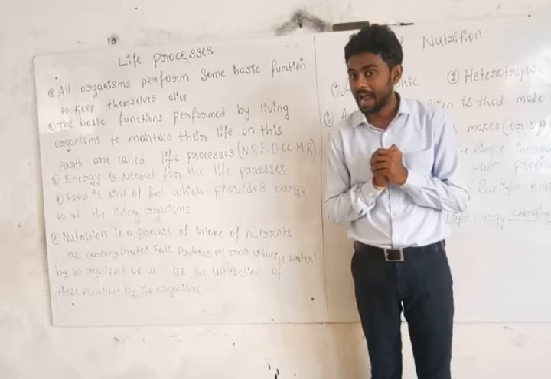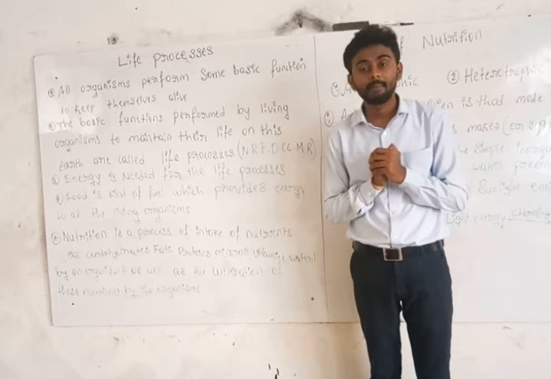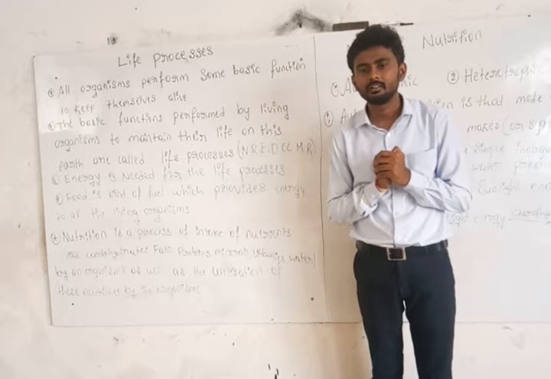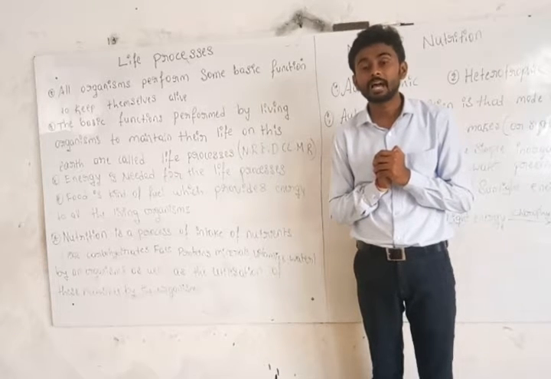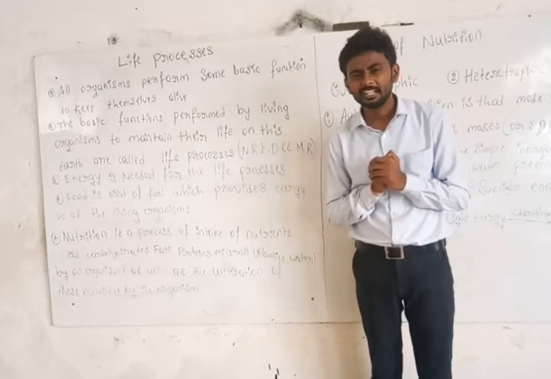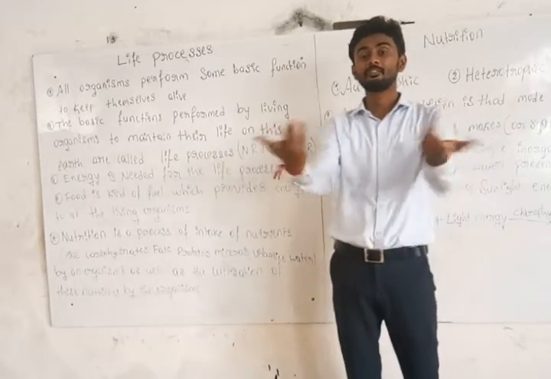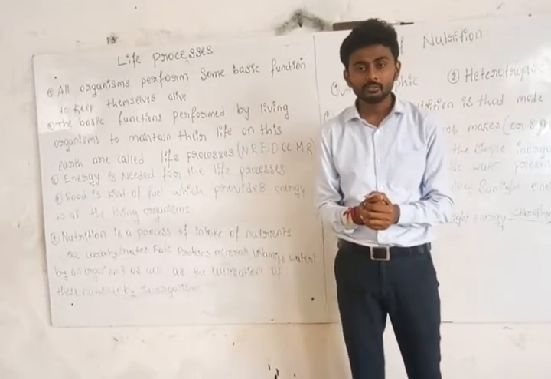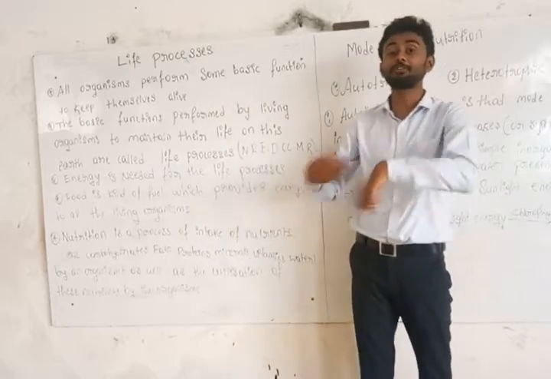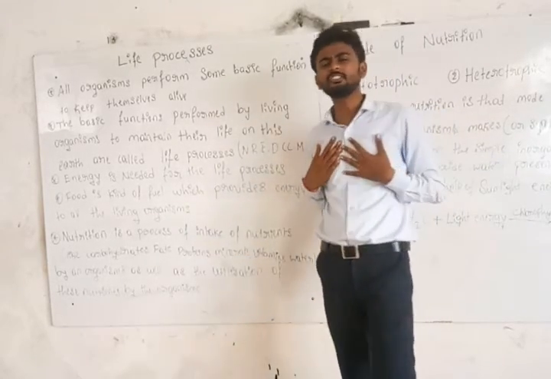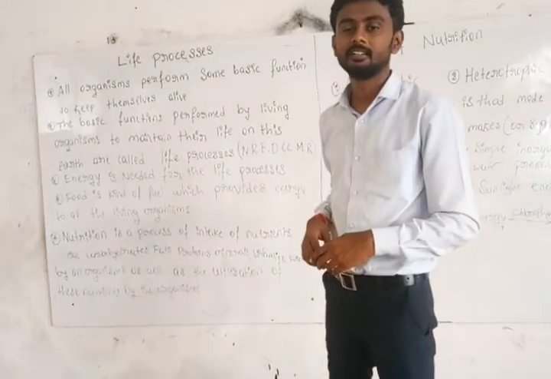Carbohydrates, fat, lipids, minerals, protein, water, and vitamins. So these are the nutrients. We get the nutrients from the food, and these nutrients provide the energy. We also depend on those nutrients.